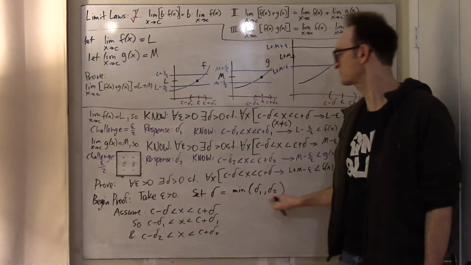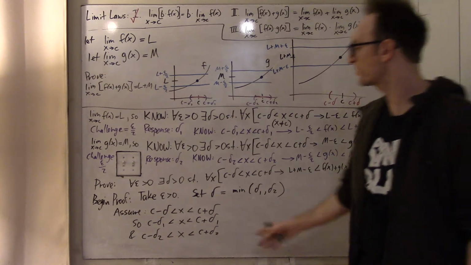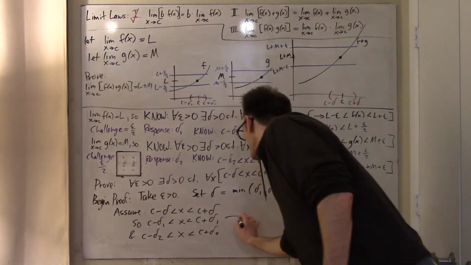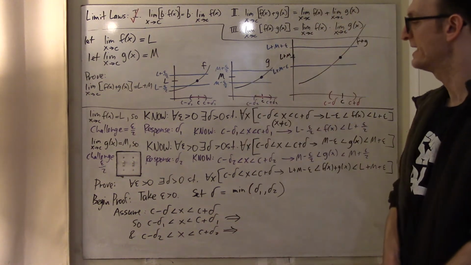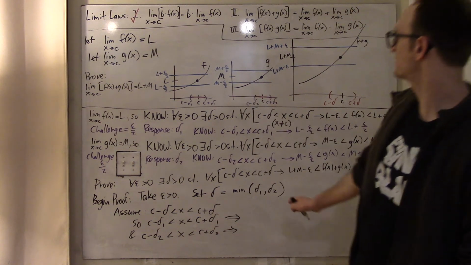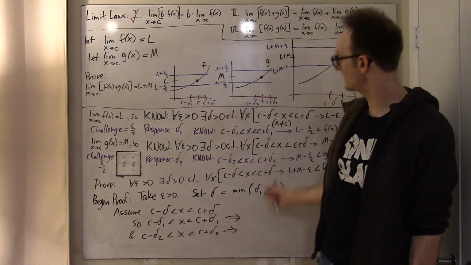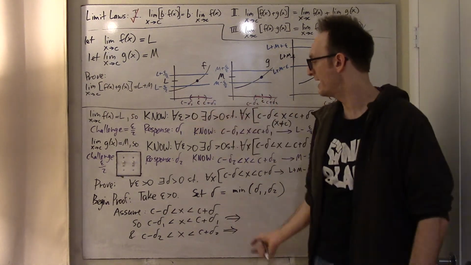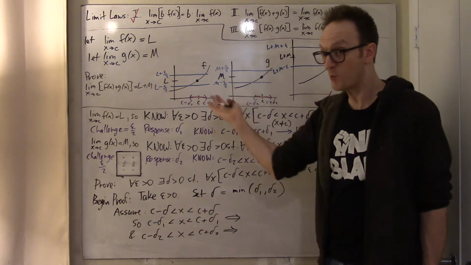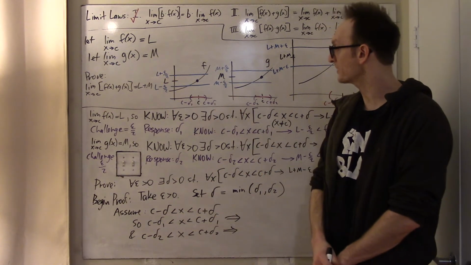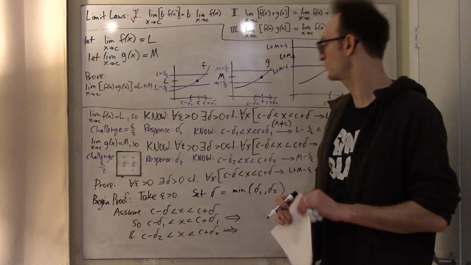So since delta is the smaller of the two, it's within both of these intervals. Hopefully that's just clear. I can't go into any more detail on that. But that's just what it means to set delta to be the smaller of the two. So if I'm less than delta away from C, then I'm less than delta 1 away from C, and I'm also less than delta 2 away from C.